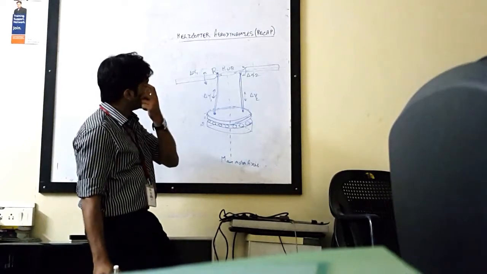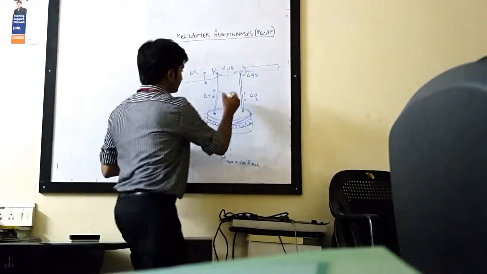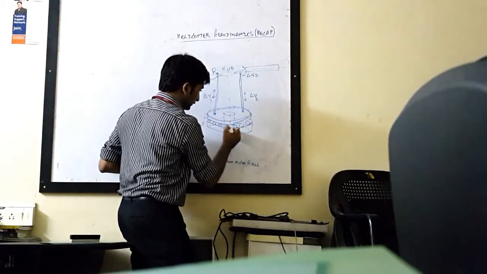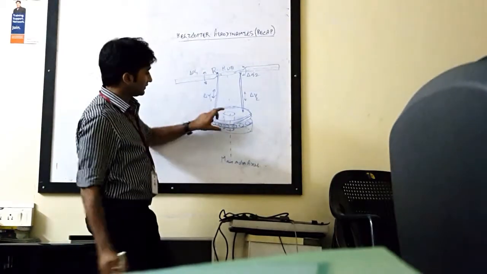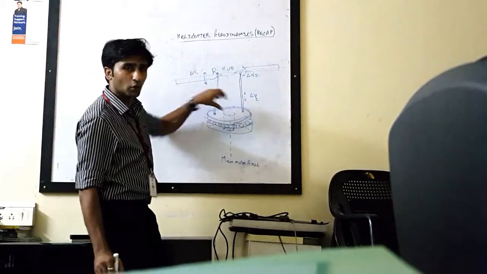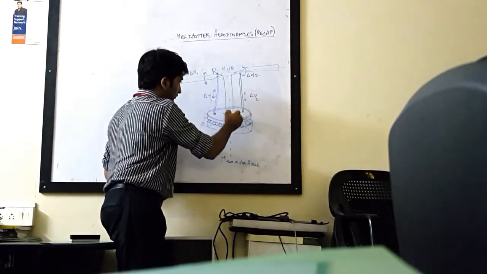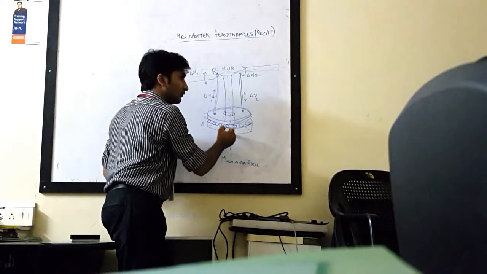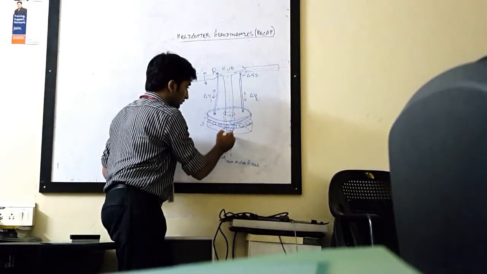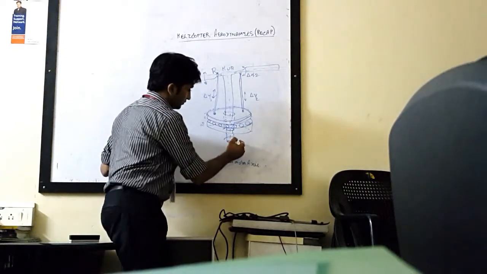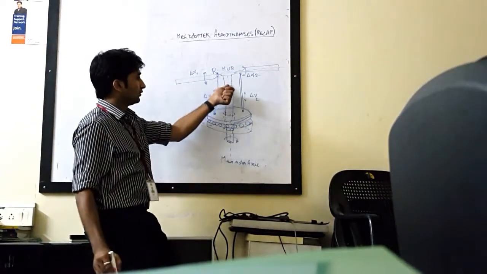Okay, so now you might be wondering, this is a hollow disc. This has a central hole through which this is your main rotor shaft.